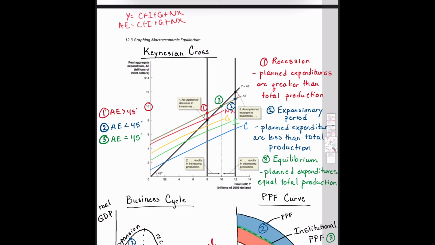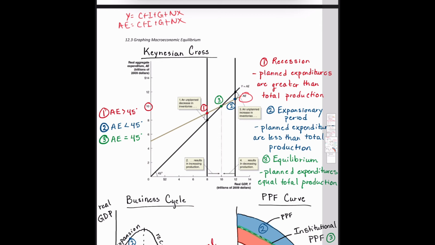I'm not going to have those on there because it's going to be too cluttered, but I just want you to understand that the aggregate expenditure line here is made up of all of these separate consumption, investment, government expenditures, and net export lines.